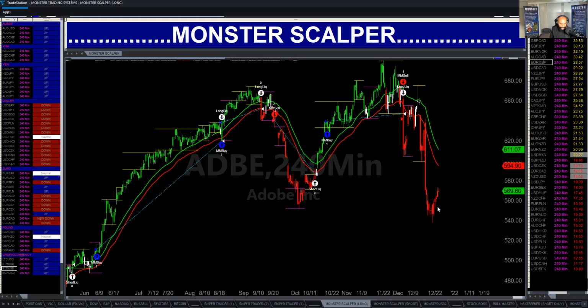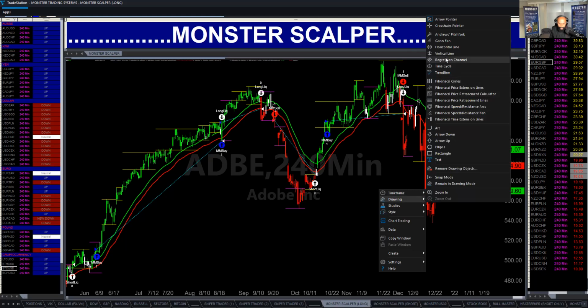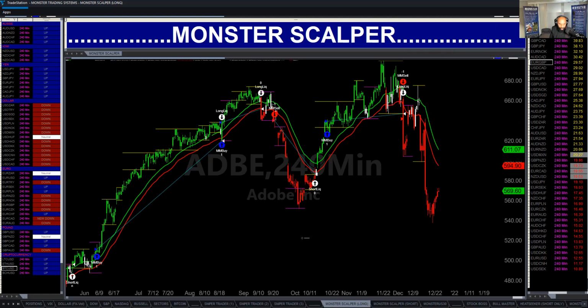Would my resistance be above that purple line? Yeah, you've got some near-term resistance right here. I don't think you need to be concerned about that. That's not the big one you should be worried about.